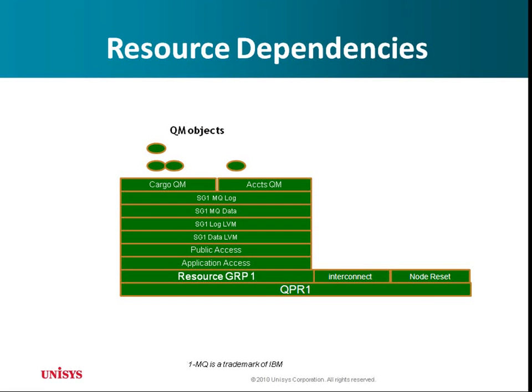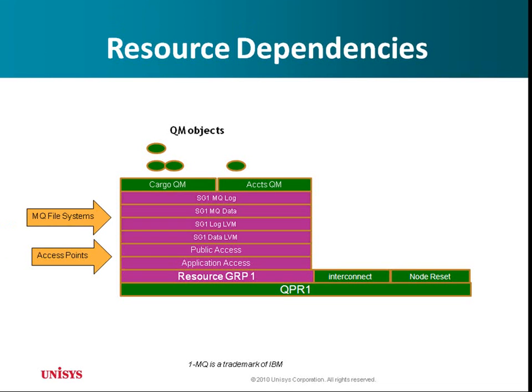Let's take a look at resource dependencies. In a given resource group, there are network access points, which comprise the application access point to the 2200 and one or more public access points. Both IPv4 and IPv6 access points are allowed.